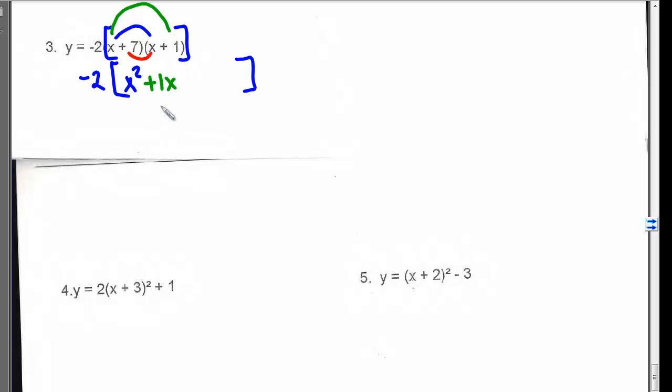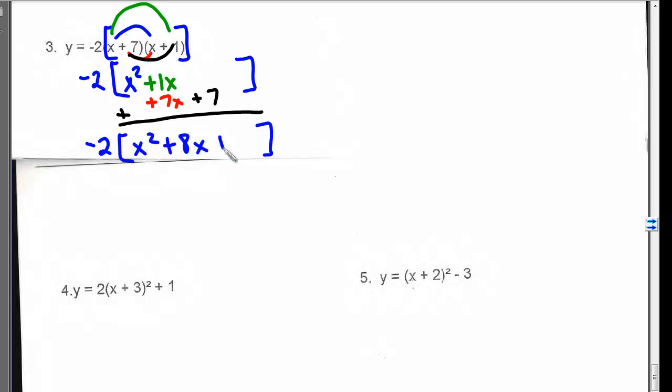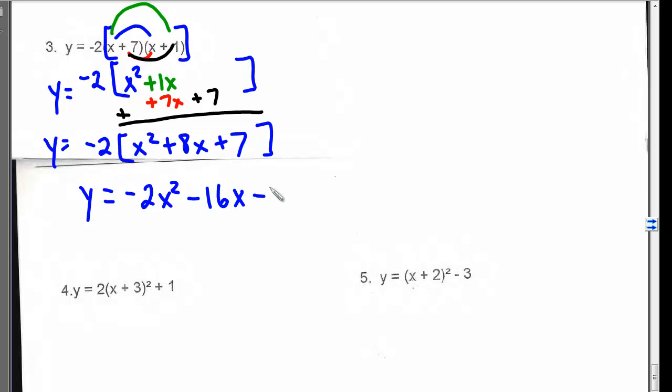Plus 7 times x is 7x. And 7 times 1 is plus 7. Combine these terms and we get x squared plus 8x plus 7. Multiply this by negative 2 and we get y is equal to negative 2x squared minus 16x minus 14.